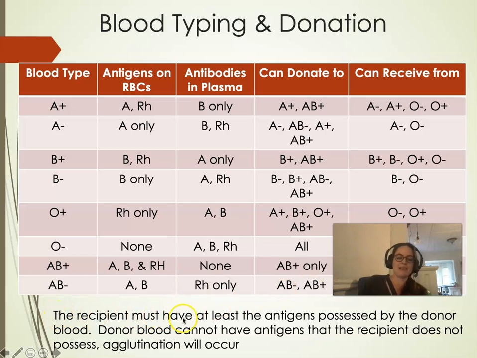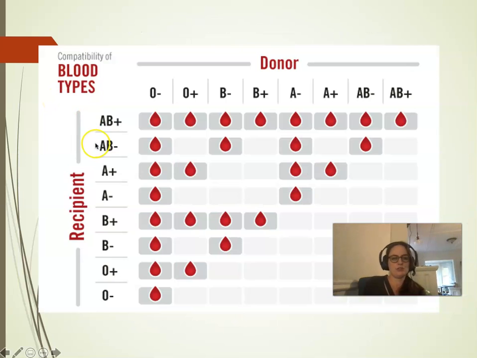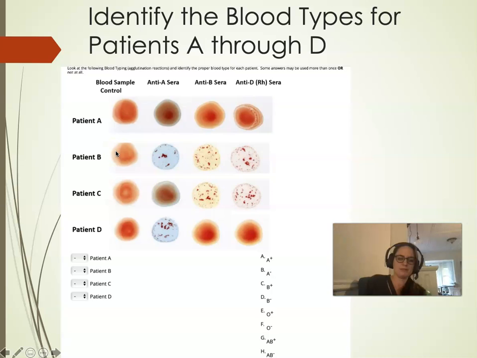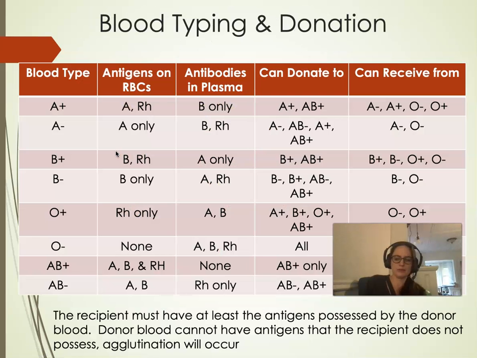The recipient must have at least the antigens possessed by the donor. So if you're going to give to a recipient, wait, let me see. I said that weird, and I'm sorry.